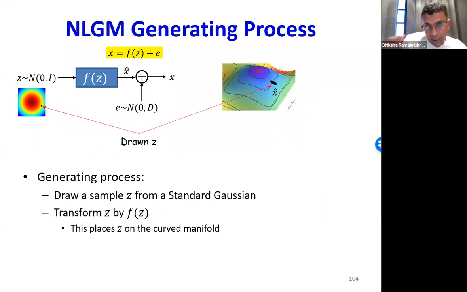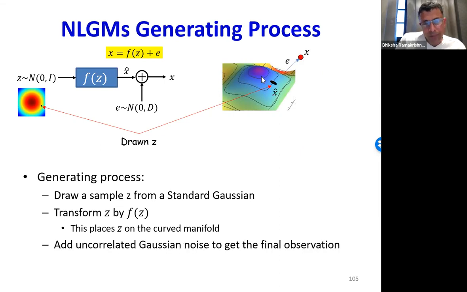So the generative process over here is to say, I'm drawing a Z from a standard distribution and transforming Z through f of Z, which is going to place the data point on some location on this manifold. And I'm going to draw some uncorrelated noise and add it to this point to get the final observation.